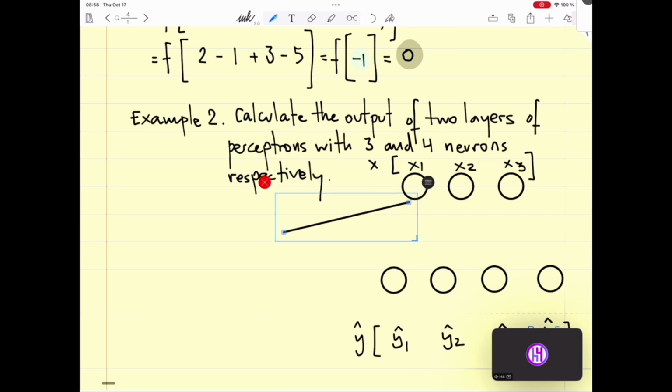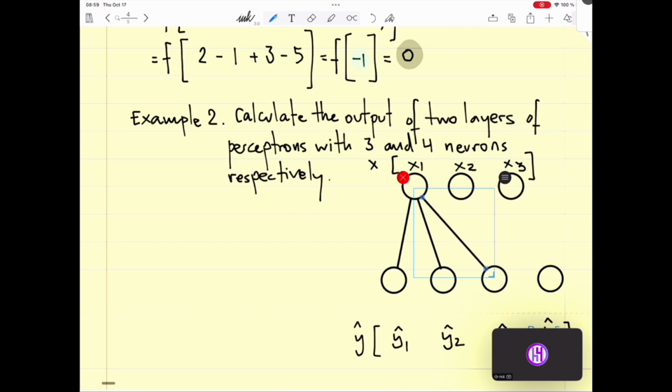So here we have a weight connecting neuron 1 of the first layer with neuron 1 of the second layer, and then connecting neuron 1 of the first layer with neuron 2 of the second layer, and neuron 1 of the first layer with neuron 3 of the second layer, neuron 1 of the first layer with neuron 4 of the second layer.